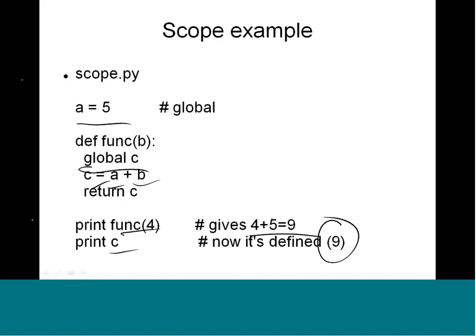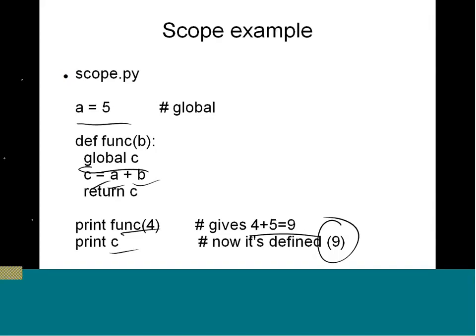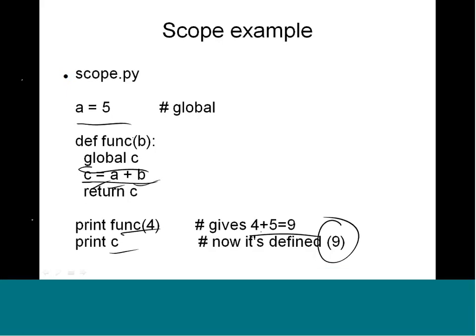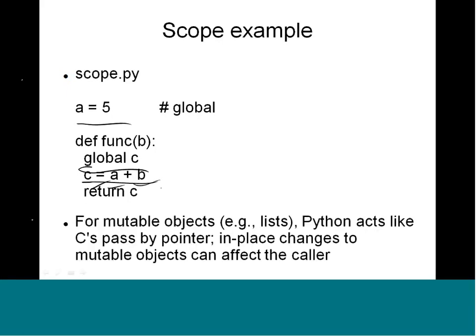So this global variable actually helps in straightening out some of the deficiencies earlier. And notice that the evaluation takes place within the function, it does this addition and then assigns that to c.